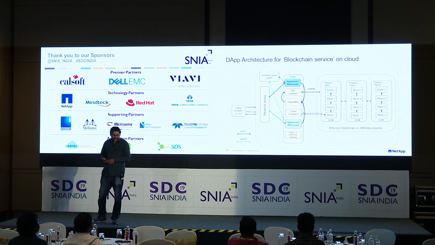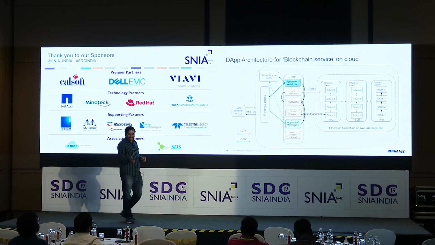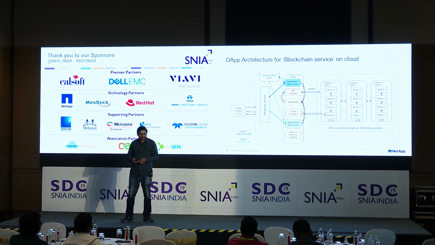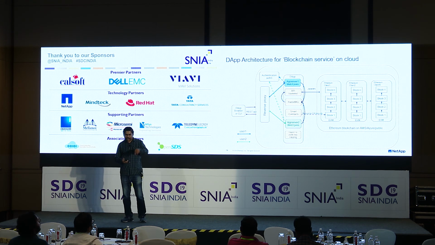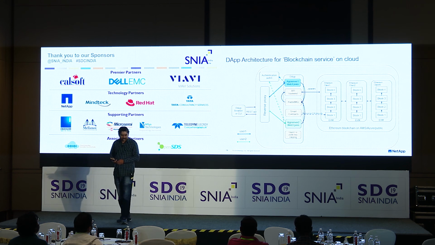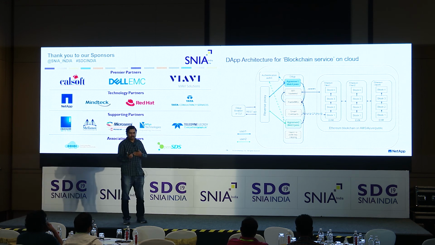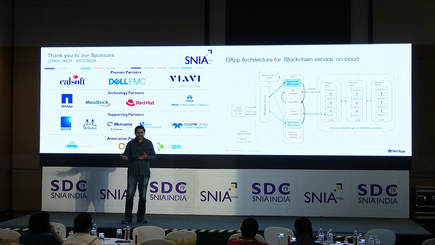One key thing to note is the DApp, which is developed as a microservice, as shown here. This microservice contains several components and interacts with the blockchain with the same JSON RPC protocol, and the smart contract and everything is deployed into the blockchain in the same way as the normal deployment in the case of a public blockchain.